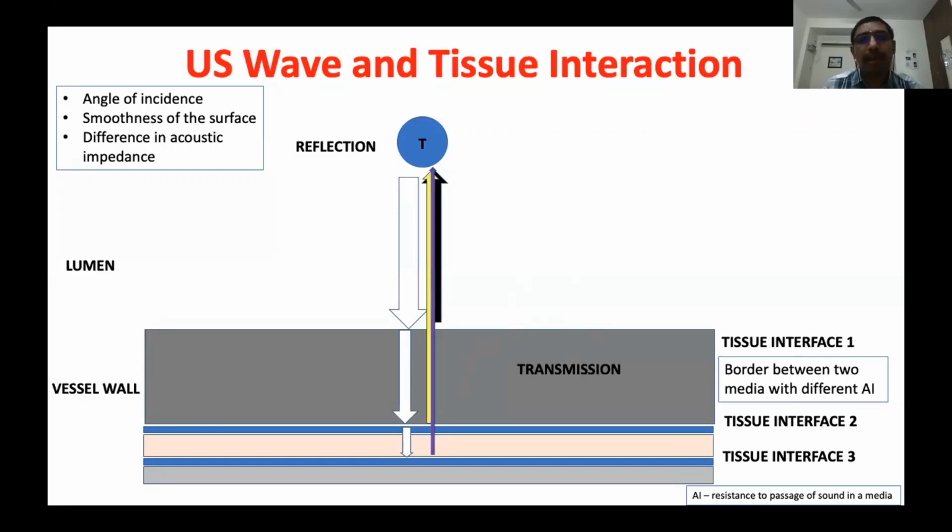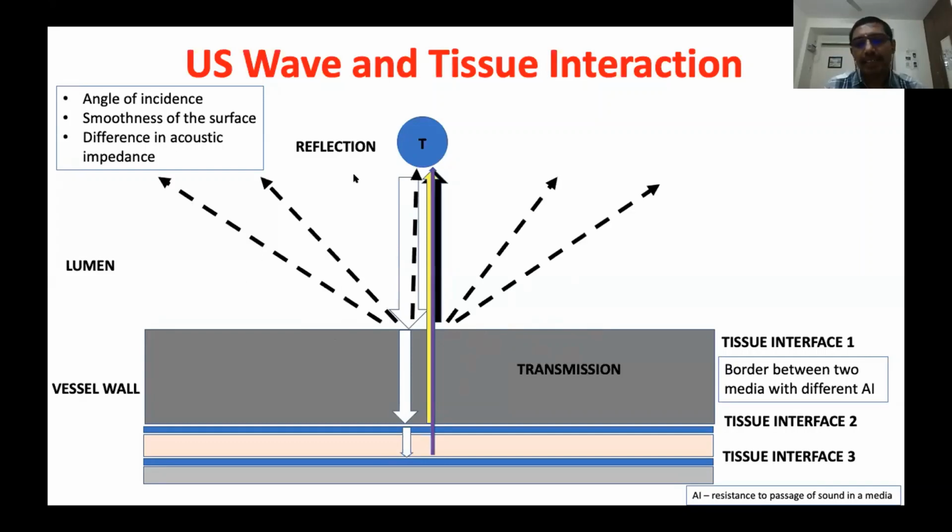Suppose the surface is not regular, but still the angle of incidence is perpendicular, there is something called scattering. That means the ultrasound waves are reflected in different directions. So this is called scattering. Only a small amount of scattered reflected wave reaches your transducer and helps in formation of your image.